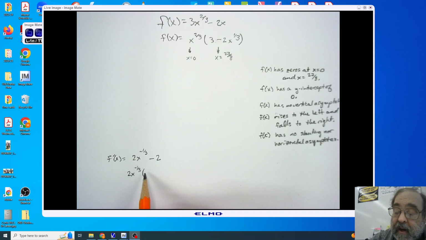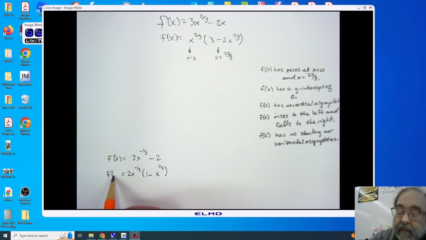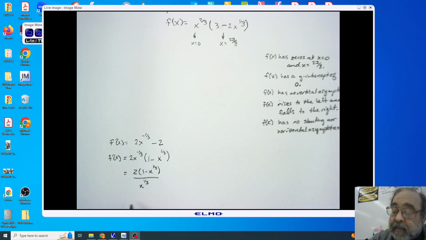That's going to give me 1 minus x to the 1/3 power. And that gives me 2 times 1 minus x to the 1/3 power over x to the 1/3 power. So my critical values are 1 and 0.